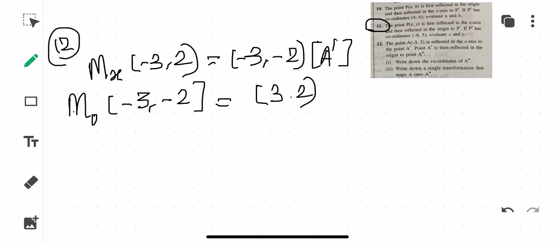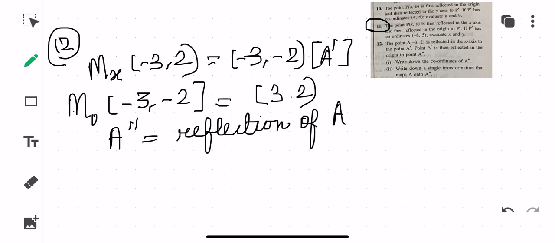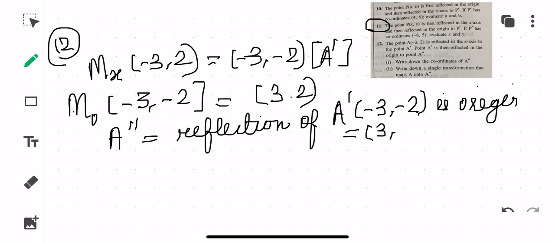So (3, 2) is what? A double dash is the reflection along the origin of A dash (-3, -2), and this in turn you have found out to be (3, 2).